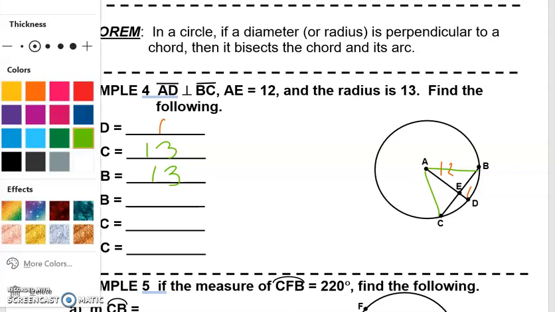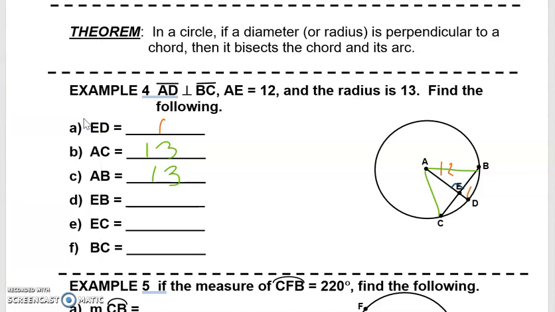EB. We have to do a little bit of math. So it said that these are perpendicular, so we know it's a right angle. So let's draw it. This is A, E, B. We know this length is 12. We know this length is 13, and we want to know EB.